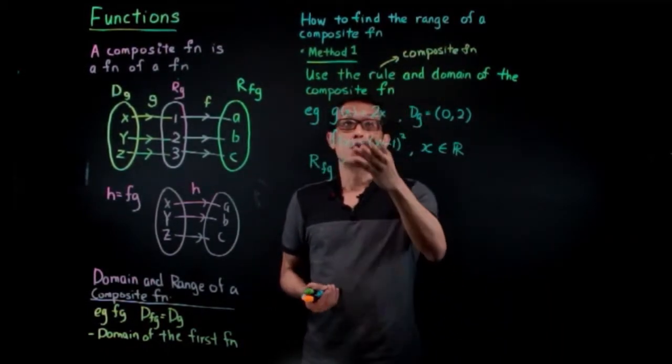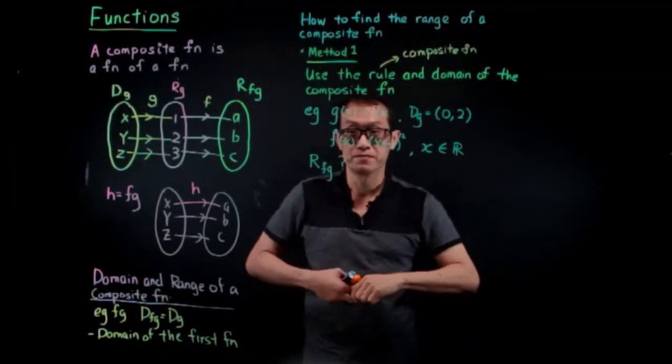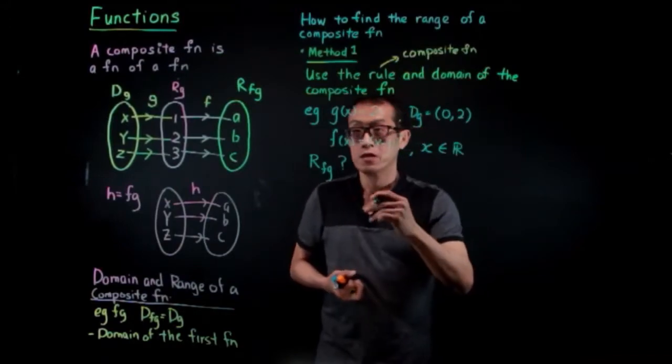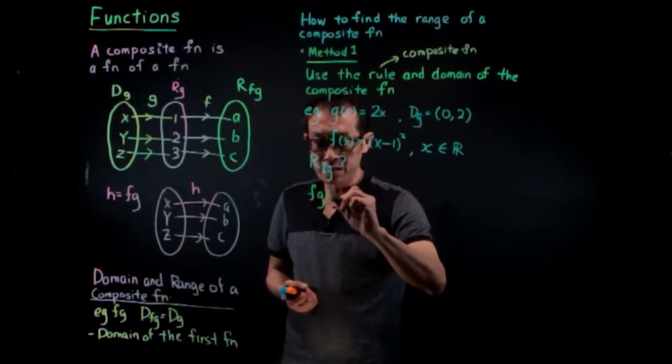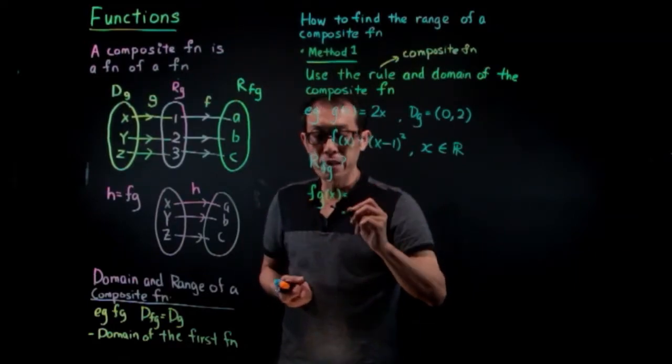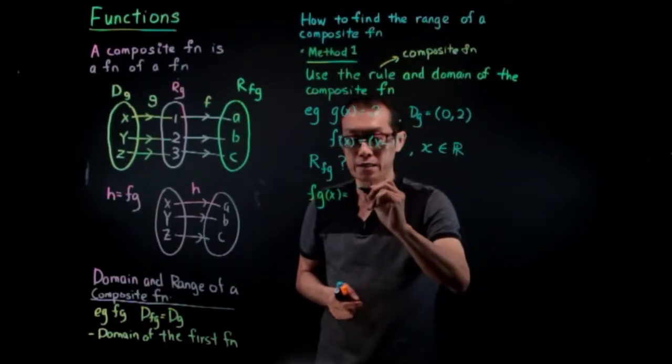According to this method, we must find the rule of fg first. So what is fg? fg of x means I put g into my x.